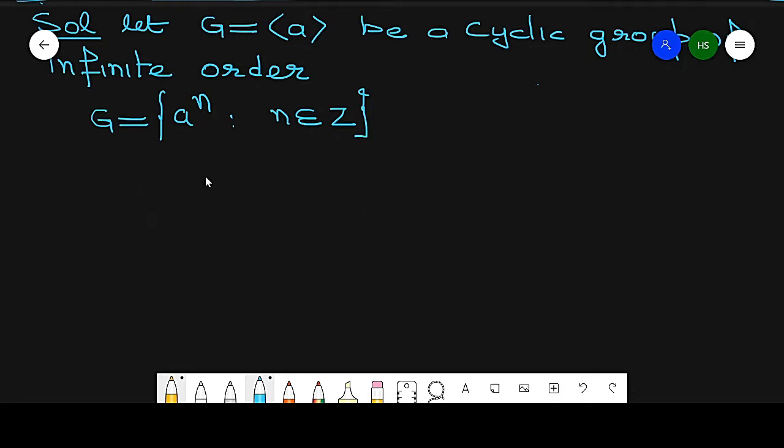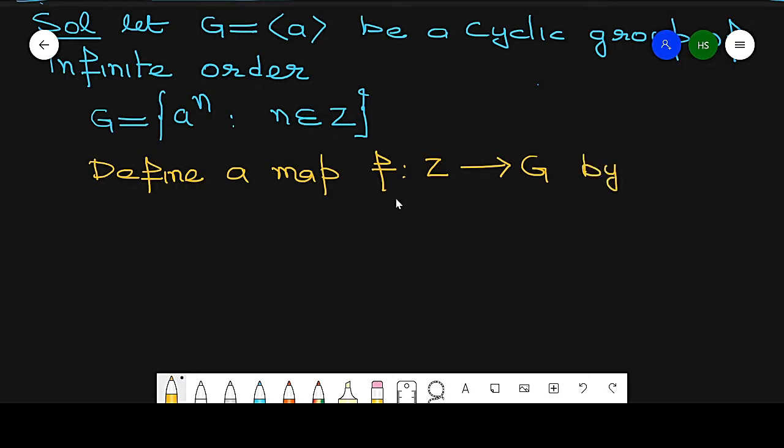So this is an element of G. Now define a map f from Z to G, defined by f of n equals a raised to power n for every n belongs to the set of integers. So this is equation number 1.